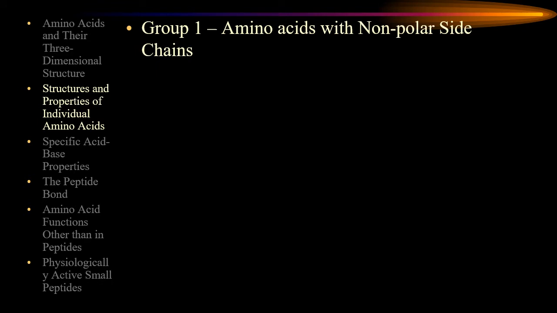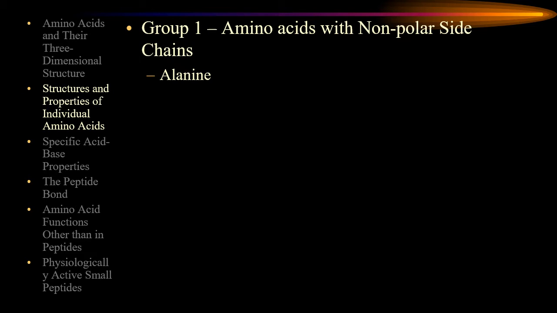So we'll start with four basic classifications of the amino acids, starting with the non-polar side chains. This is really just a shortcut name. It's the side chains that are non-polar, not the whole amino acid.